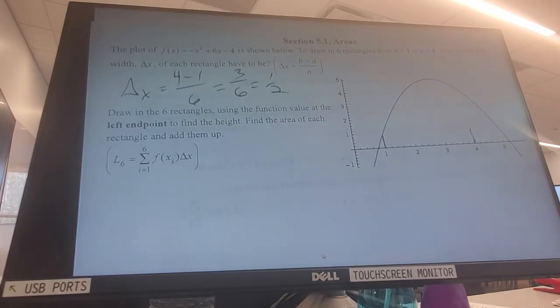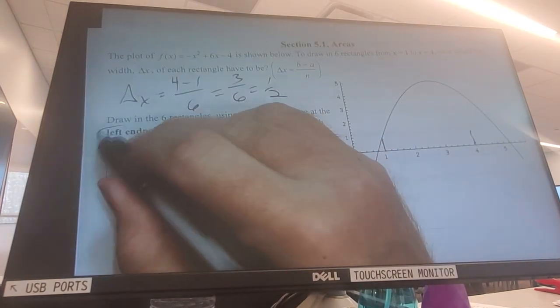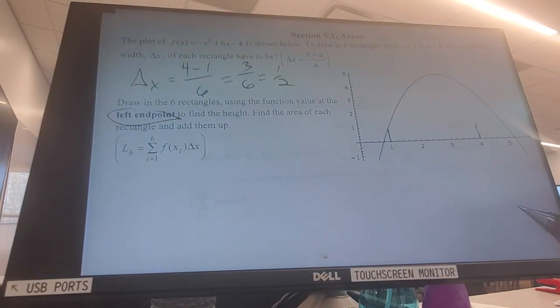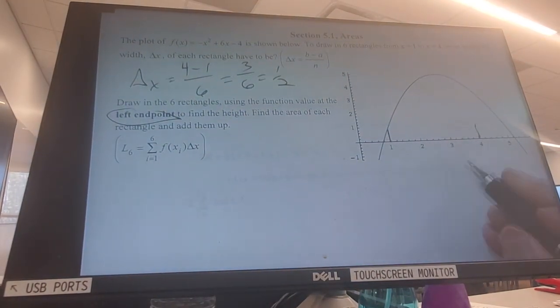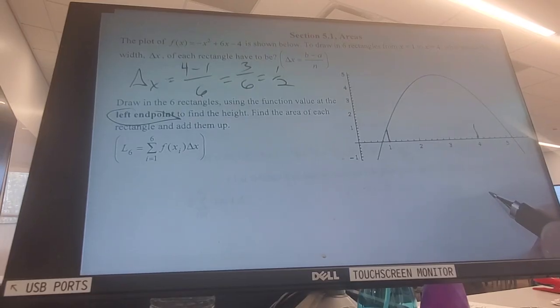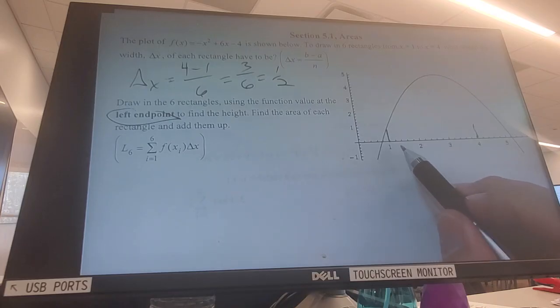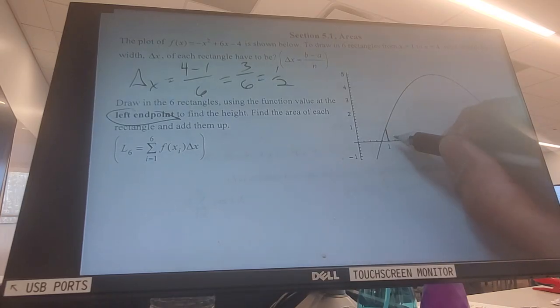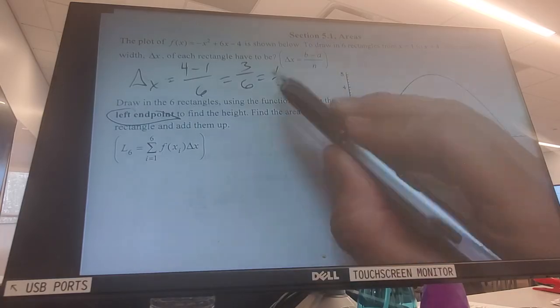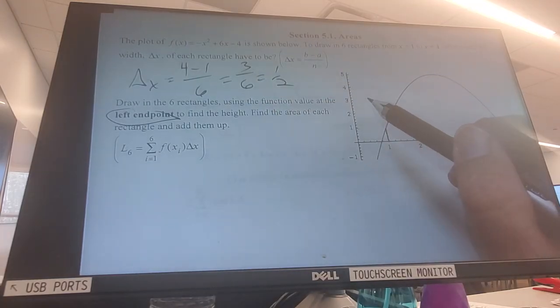So let's try to draw in. I want to use left endpoints. So how tall is my first rectangle going to be? One way to answer that is, you already drew it in, Jeff. Isn't my first rectangle going to be as tall as the first input is? And I think 1 goes to 1, yes?